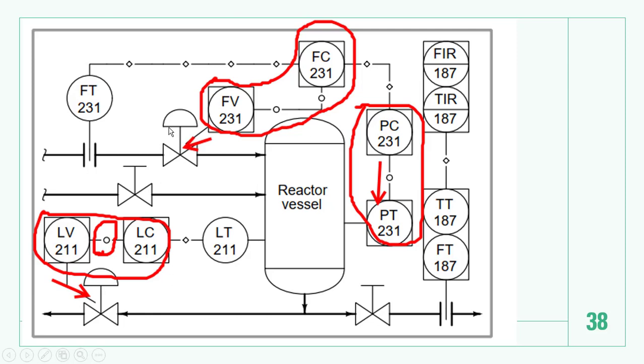All the rest reside in the positioner. Pressure controller and pressure transmitter all reside in the pressure transmitter. Here is the level controller. The level control always resides in here. This data link in here is always the positioner.